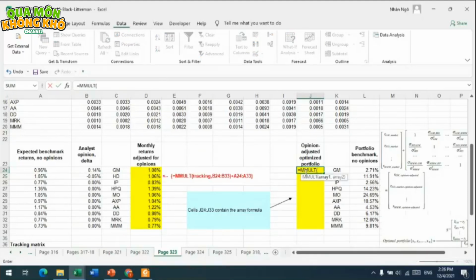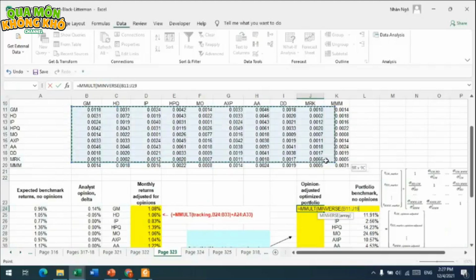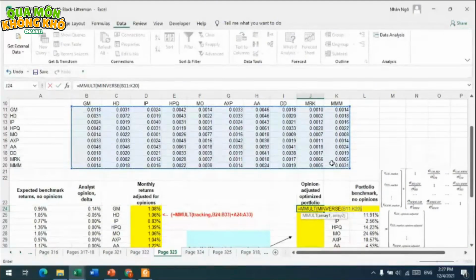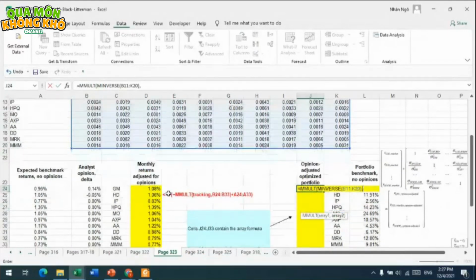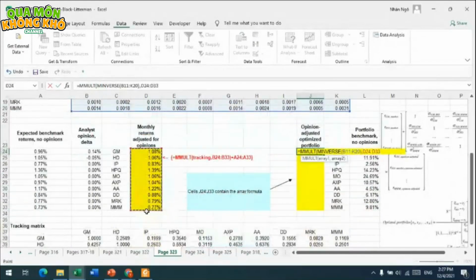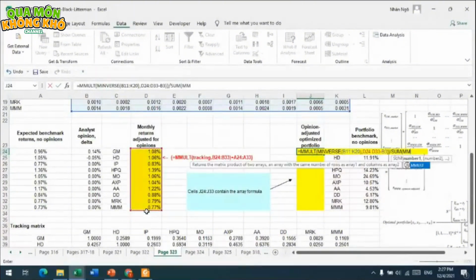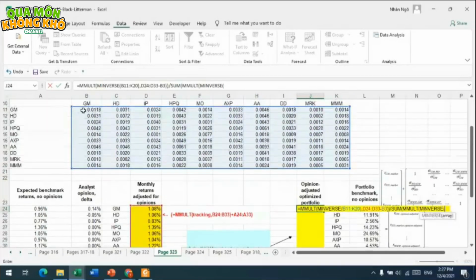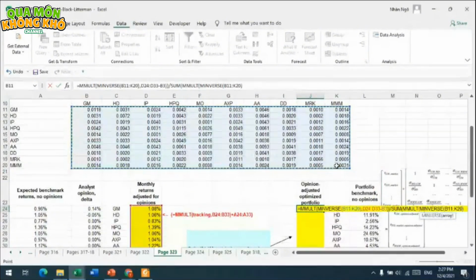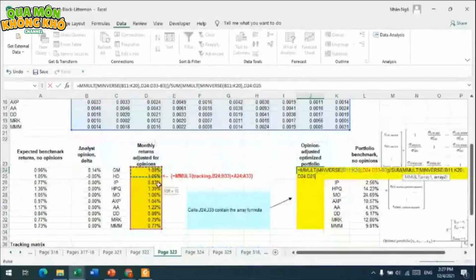So continue to calculate the adjusted optimized portfolio, again with a similar formula. Here, new return minus the risk-free rate divided by the sum of Mu inverse of the Markowitz matrix. Return minus the risk-free rate.